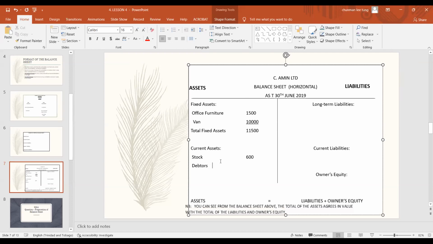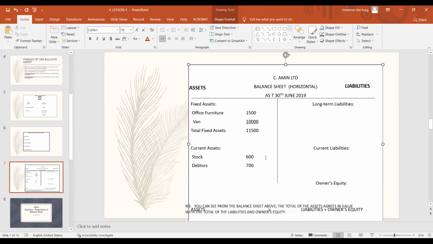Look at your total for debtors, $700. And look at your total under cash, $12,200.